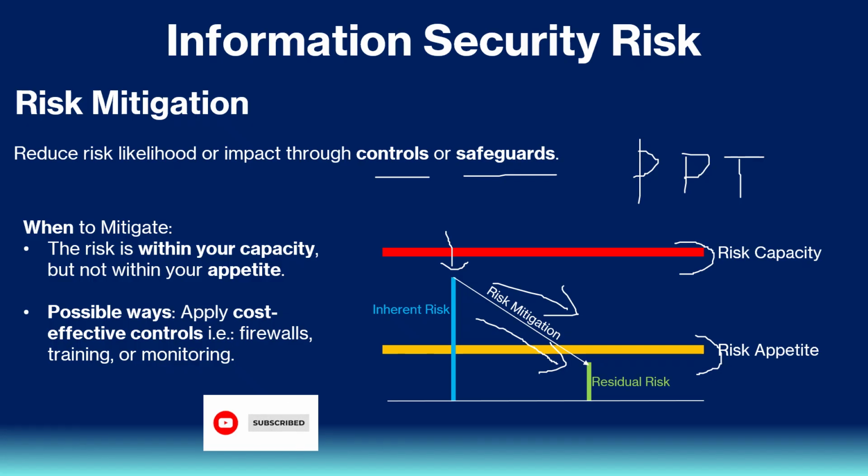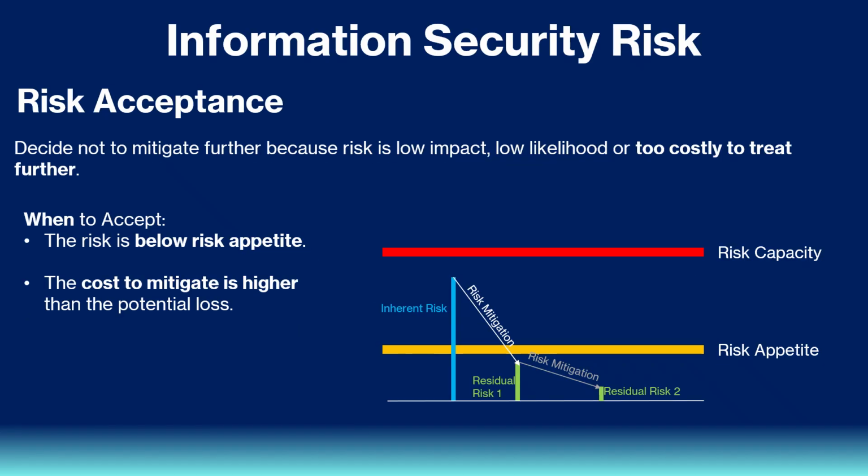Now let's move to understand the next topic, risk acceptance. If you have noticed, even after we mitigate a risk, there is always a residual risk left behind. So what happens to that remaining risk?